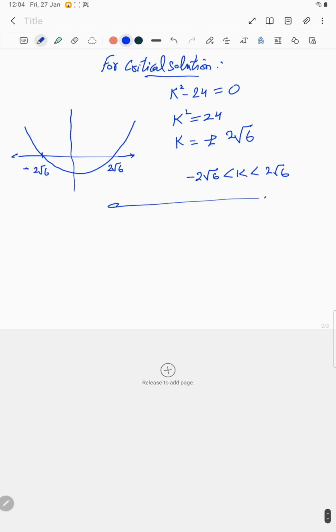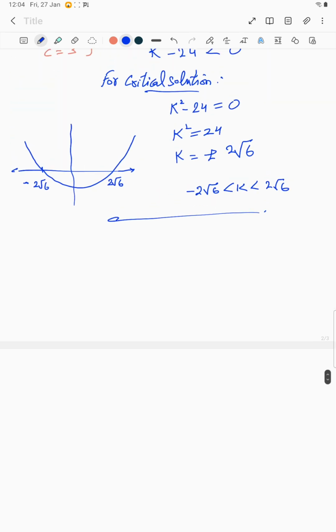Okay, the question number 3. Question 3, the first part, is about this: it is given that 2.141414 and so on. A recurring number is given to you.